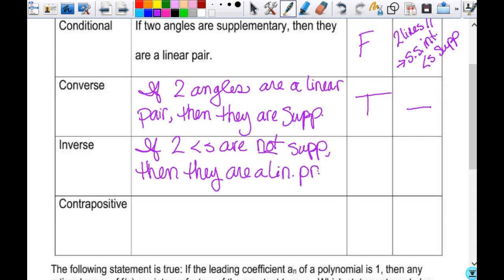Oh, then they are not a linear pair. Sorry about that. Okay, I'm teaching, sweetheart. Okay, so then they are not a linear pair. Okay. So is that true or false? Do you even have to really read the statement? No, because these are logically equivalent statements, right?